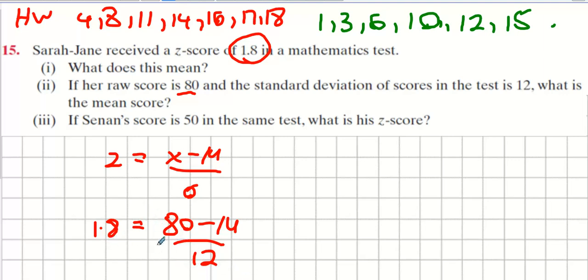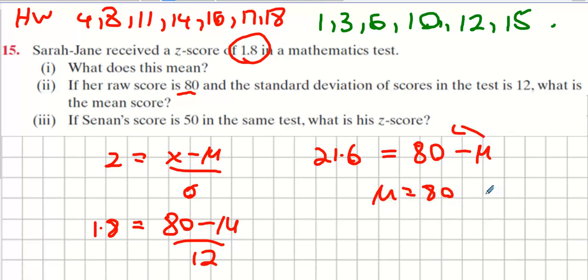Anybody know? 21.6. When you cross multiply it, equals 80, take away your mean. So this means that your mean is 80 take away 21.6. What's 80 take away 21.6? 58.4 is your average. Is that all right?